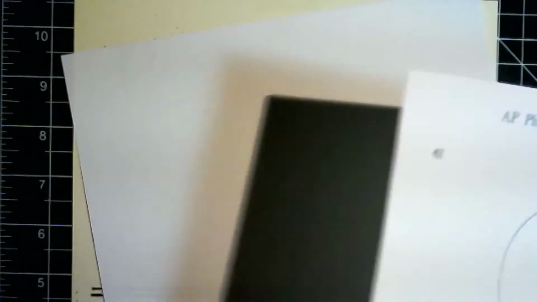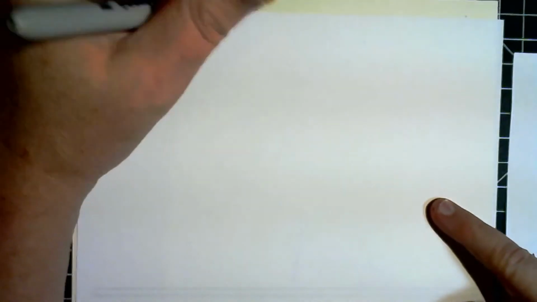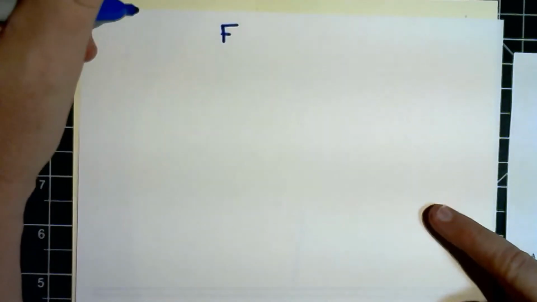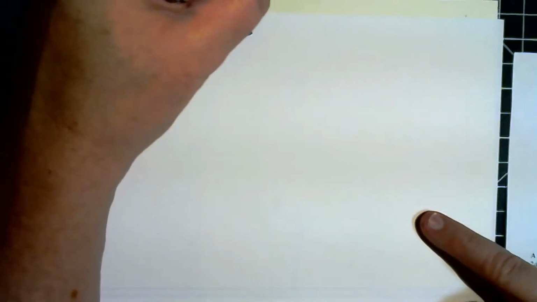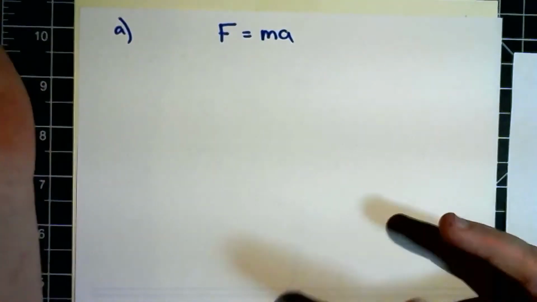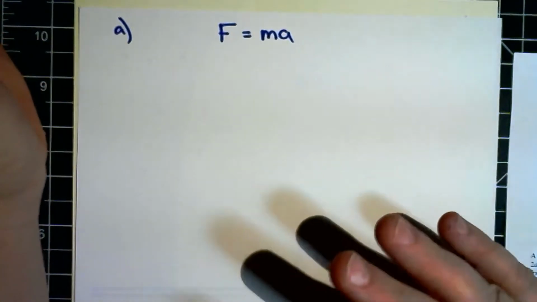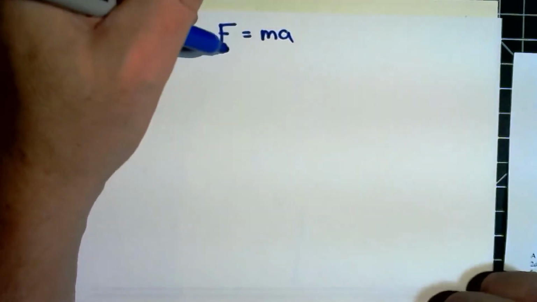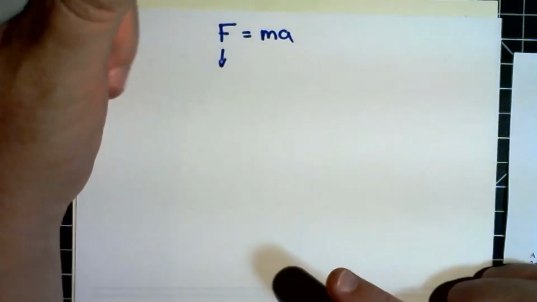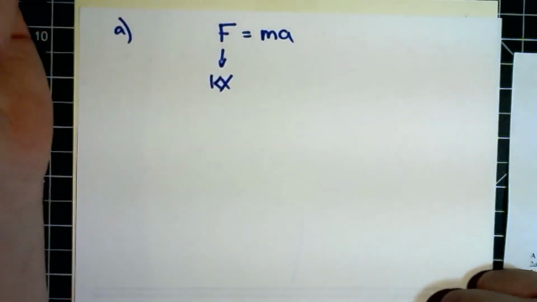To calculate the spring constant, I'm going to use the spring force equation, but I'm also going to think about it overall. F equals ma is never wrong. It's never not going to work. So in this case, what force am I talking about? That's the spring force, kx.